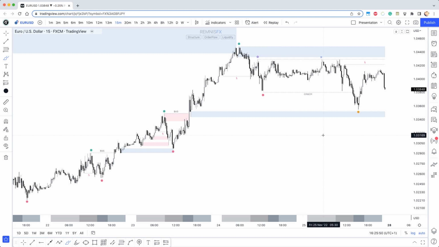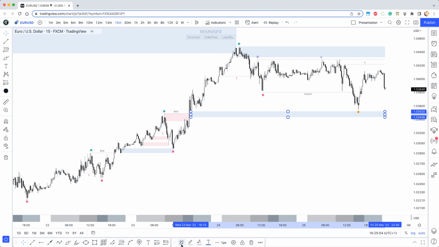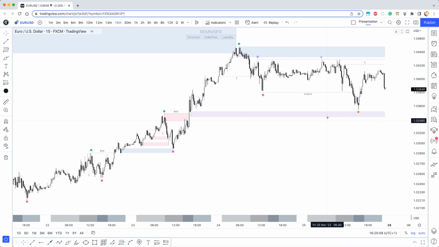Just possibilities, guys. So now let me quickly give this a different color, like purple. Okay, so this could be your high probability point of interest. Why? Because the liquidity below the black candle got taken out by the wick of this gray candle before continuing up. So this here I would identify as a possible smart money trap.